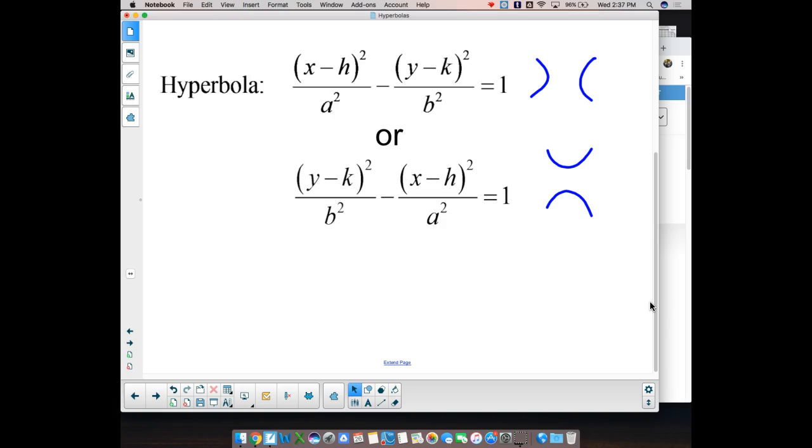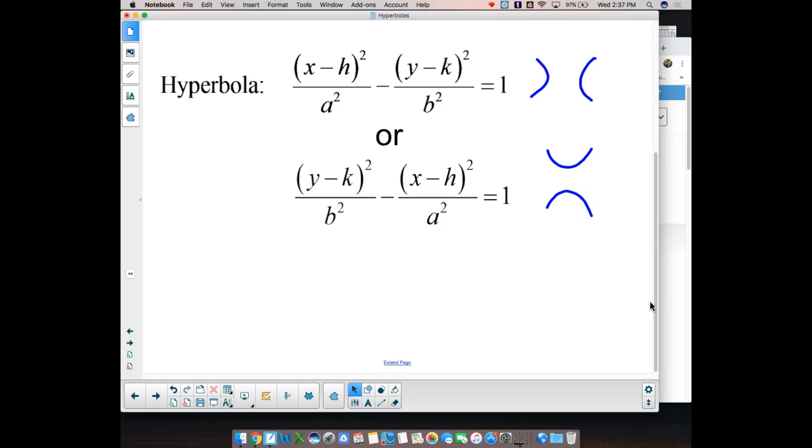The hyperbola is the only one where you subtract the squared terms. In a circle, you add the squared terms. In an ellipse, you add the squared terms.